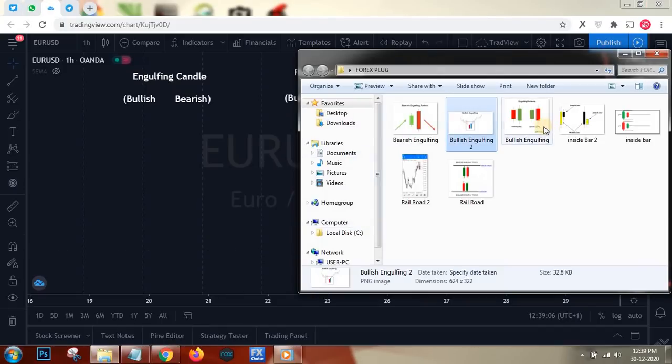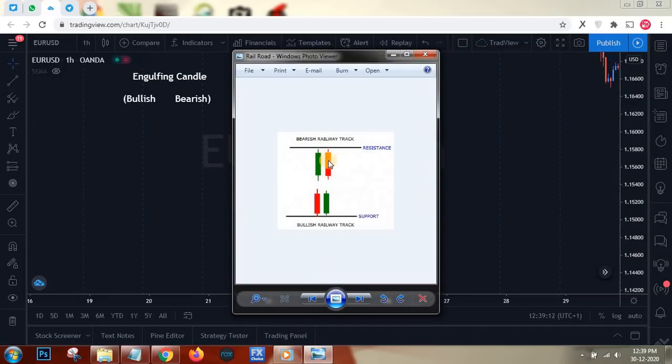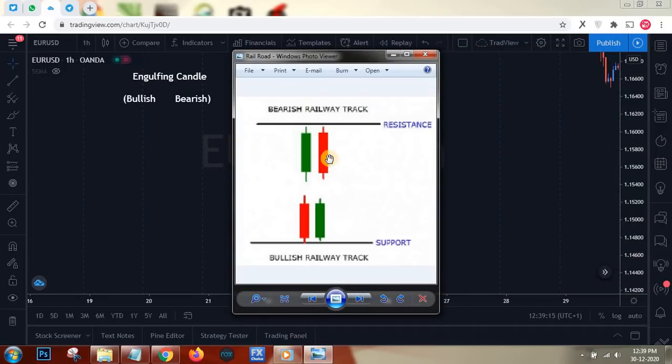Now let me show you an example of a railroad track. This is an example of a bearish railroad track.